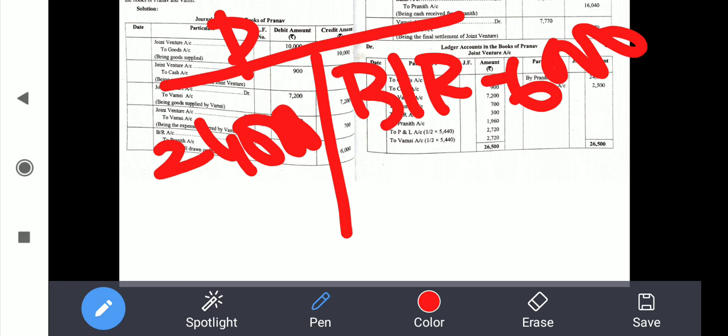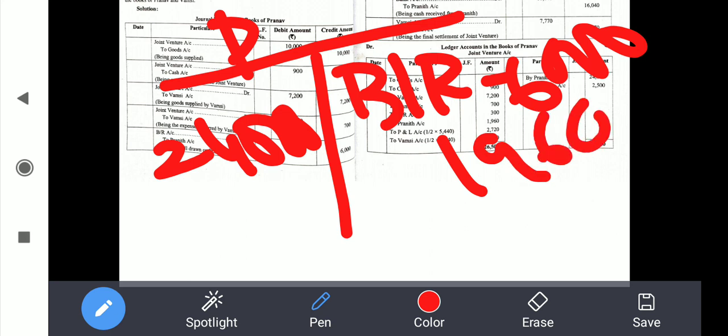And then here, commission received. Commission is 960 and expenditure is 1,960. These two amounts, and one more is the difference amount that should be paid.